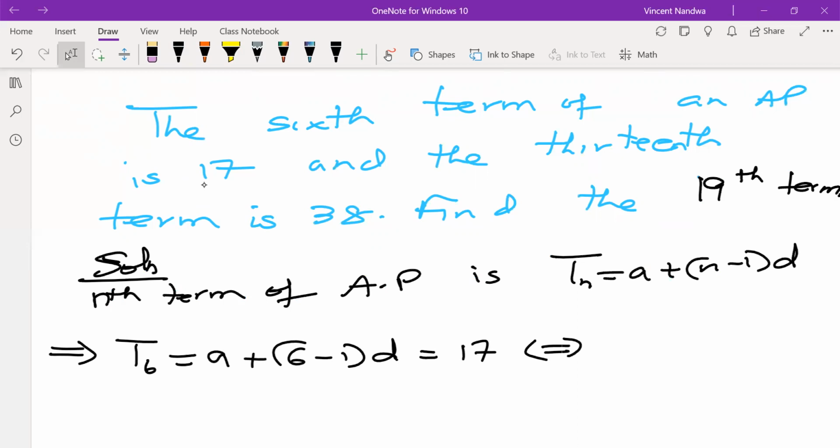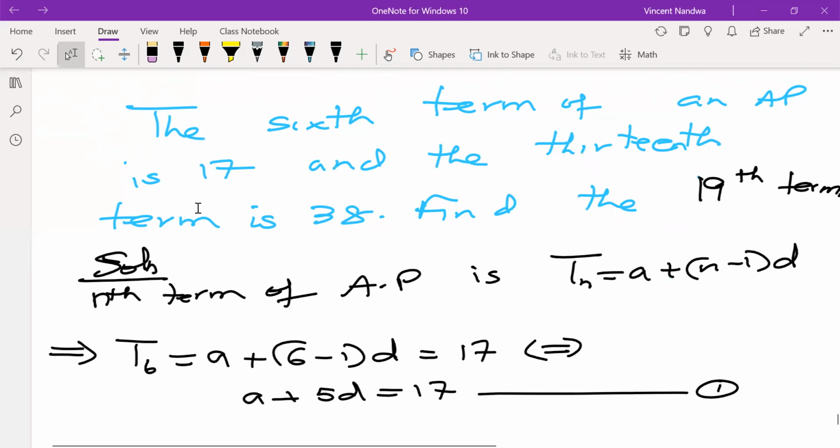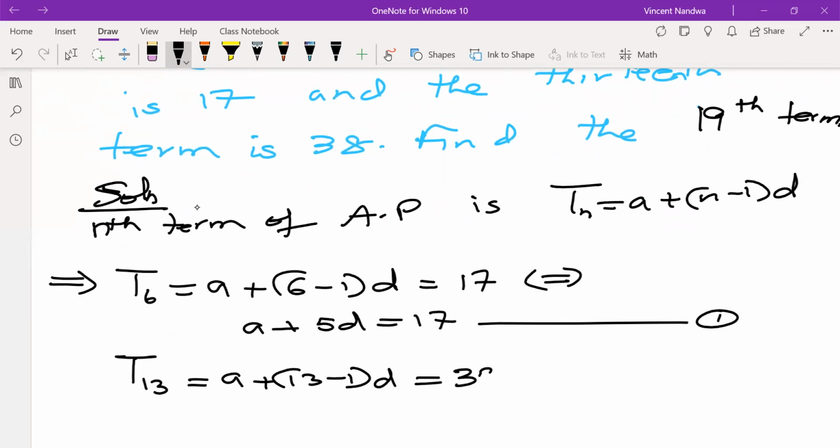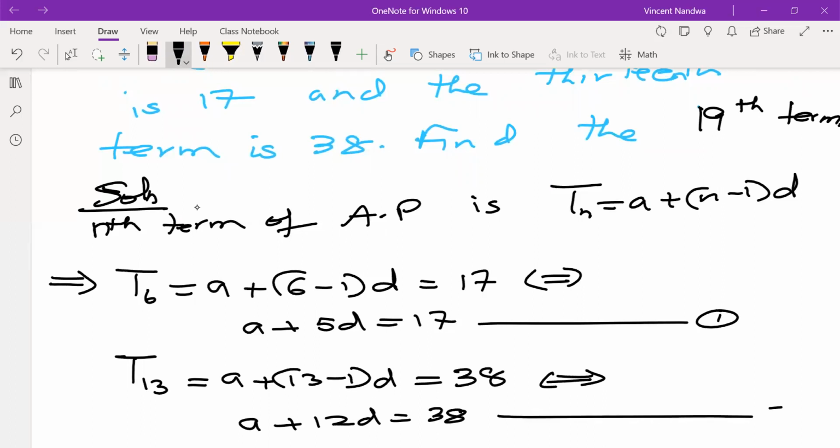So which means A plus 5D equals 17. We call this equation 1. Then the 13th term, n is 13, which will be A plus 13 minus 1 times D, and the answer is 38. So this will be A plus 12D equals 38. Call this equation 2.